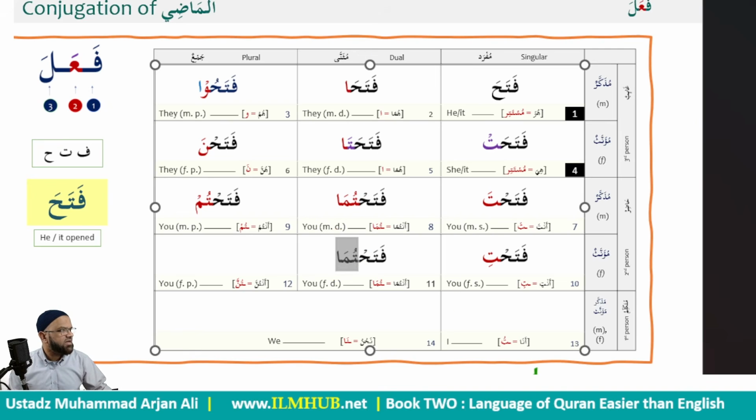It's the same for the feminine and masculine version. Antunna is fatahtunna. If you guessed it already, well done. Ana, fatahtu. Nahnu, fatahna.